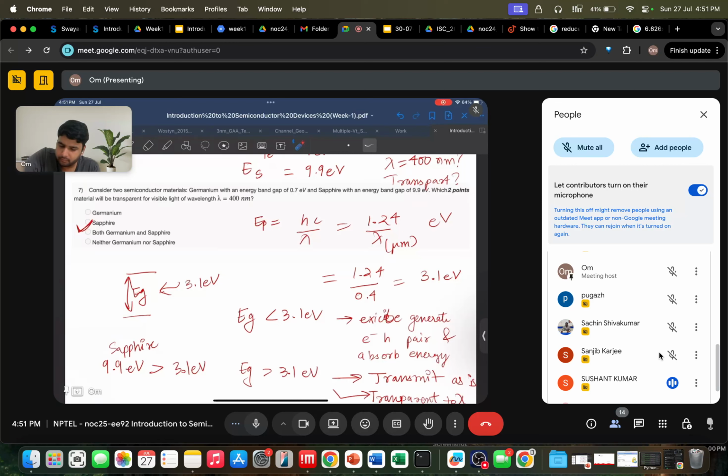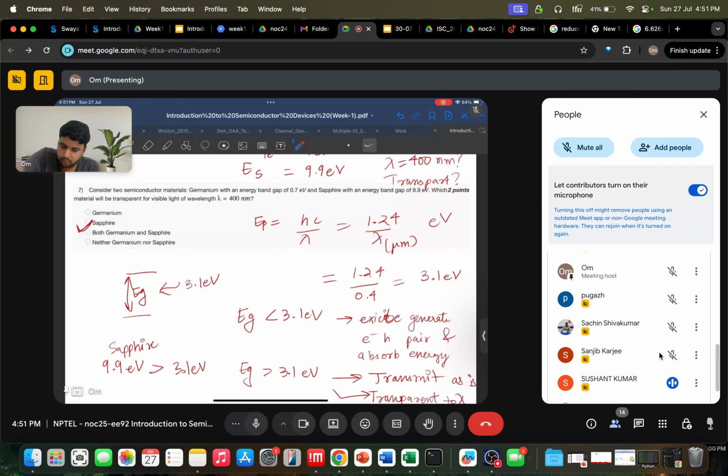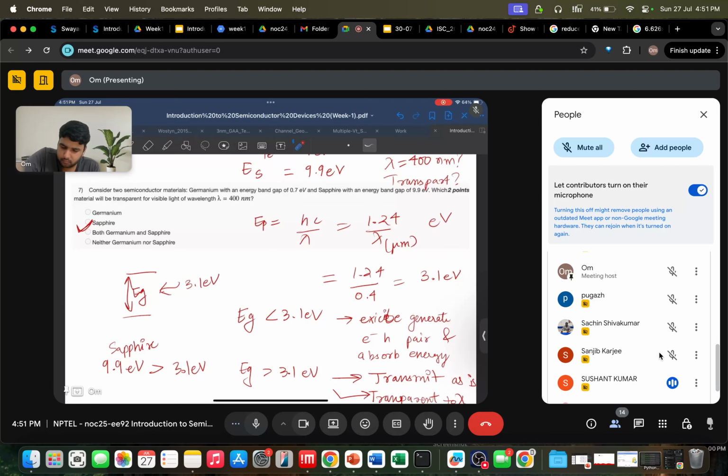And for band gaps less than 3.1 electron volt, it would be a range of energy levels from valence to conduction band, so it should start from black and go to different colors. No, no, we are only talking about this particular wavelength.